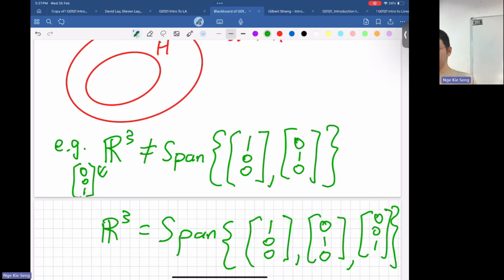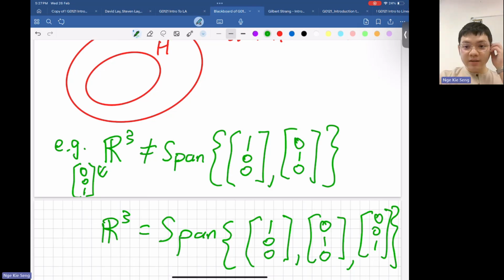So this is what this theorem is trying to say. Any linearly independent set in H can be expanded to a basis for H. You can extend it until you get a basis equal to the span.